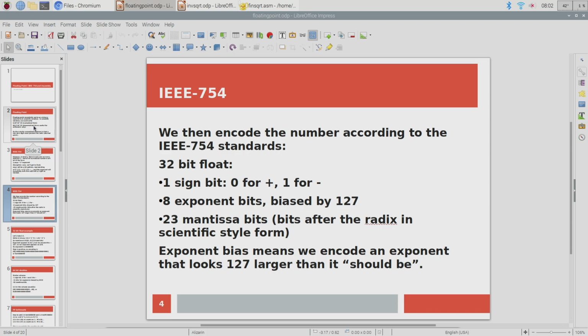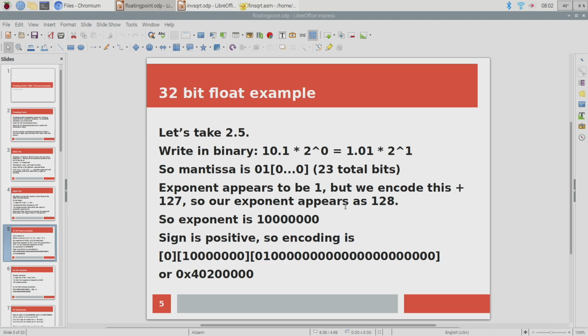Great. And then everything works the same for 64 bits, except there's 11 exponent bits, whatever's left is the mantissa bits, and the bias is 1023. Same system, just with more bits.